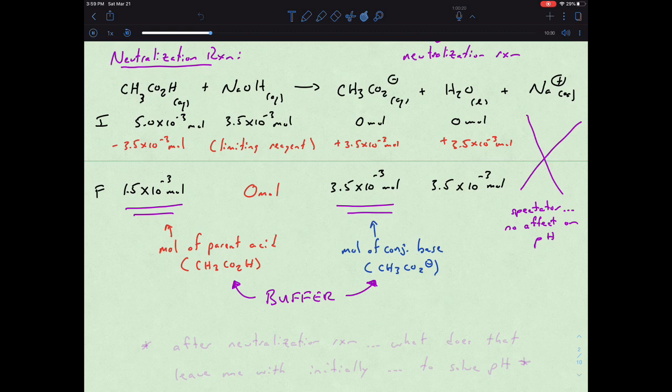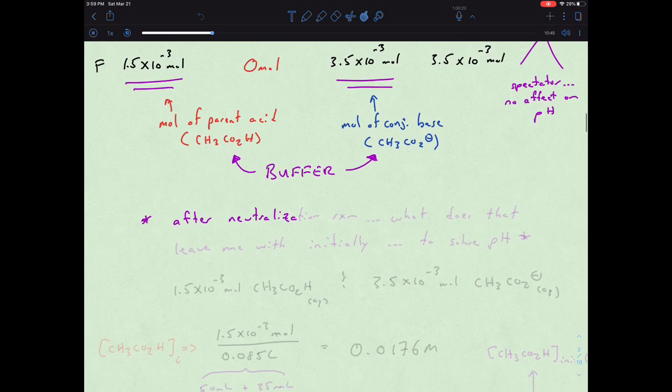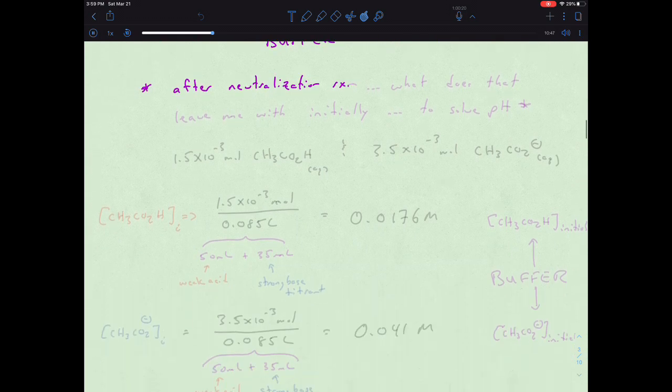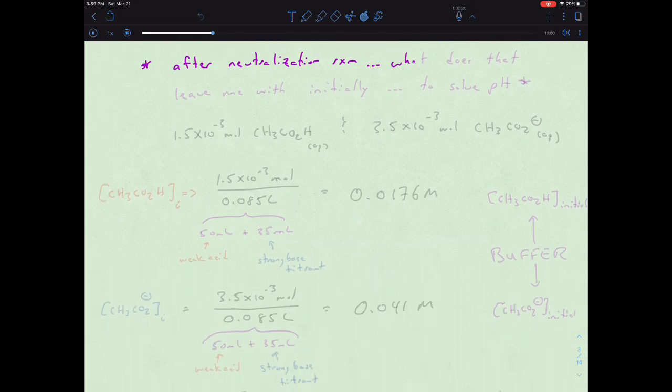So now that we have our neutralization reaction done, we can go back to the question of, okay, now that we're done with the neutralization reaction, what does that leave me with initially?